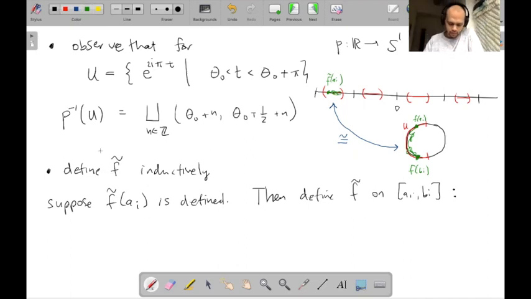So how to say this exactly? Yeah, so let's write f tilde of a_i. Let's suppose it's in one of these open intervals, like theta naught plus n to theta naught plus 1/2 plus n. So this interval is topologically equivalent under the map p to U, the restriction of p.